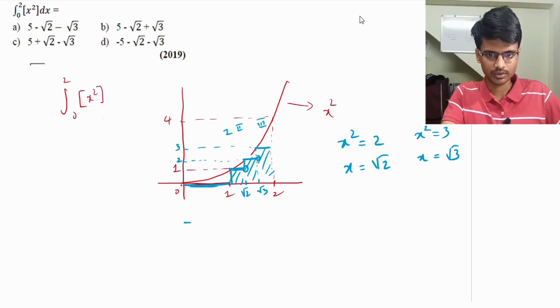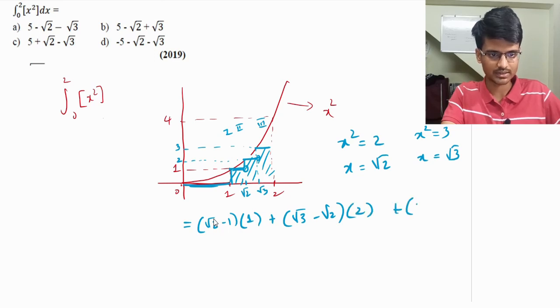So what is the area of the first rectangle? Width is root 2 minus 1. My height is nothing but 1 plus root 3 minus root 2. My height is 2 plus 2. There is some error. I'm so sorry, guys.